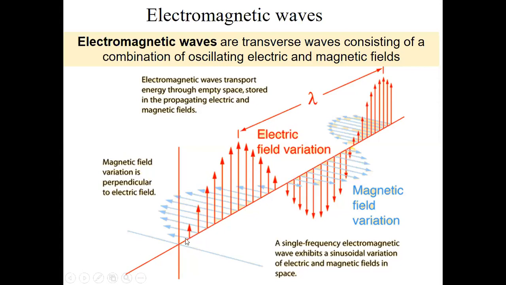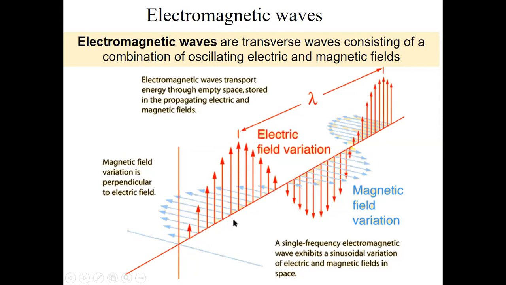In this picture, the wave is propagating along this line, and the electric fields, which are represented by red arrows, oscillate up and down, up and down, right?